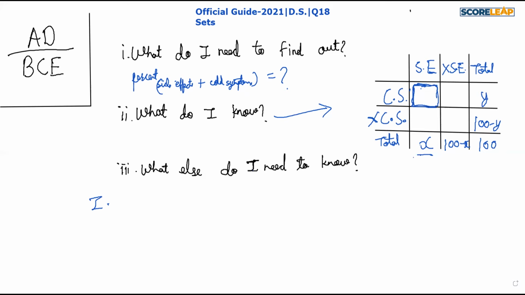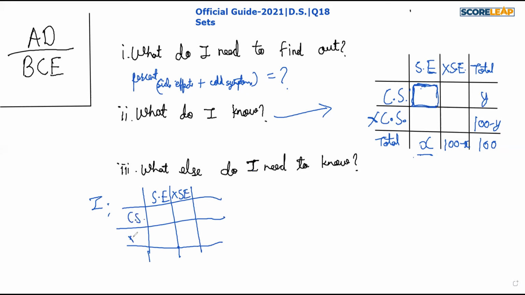Statement 1 says that of the 1000 patients tested, 15% experienced neither side effects nor relief of cold symptoms. If I use this table again with the same variables, SE, non-SE, CS, non-CS, the total they have given is 1000.